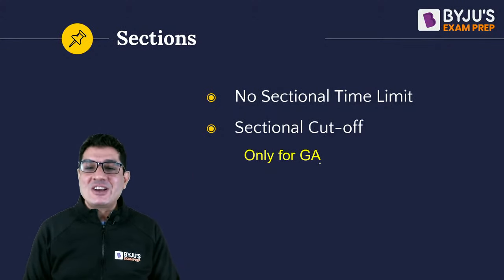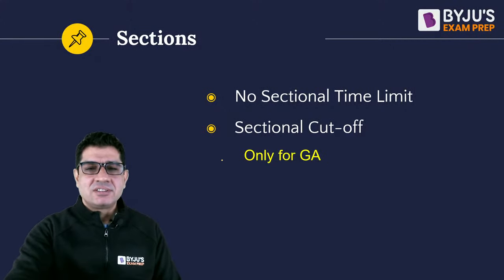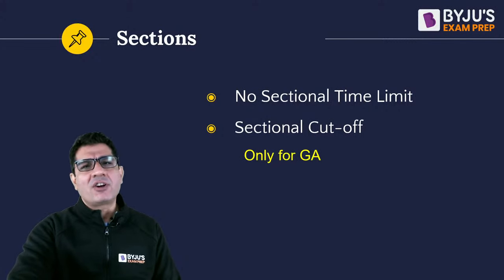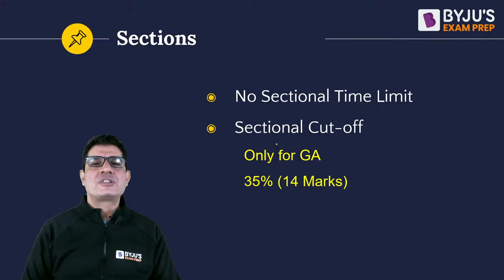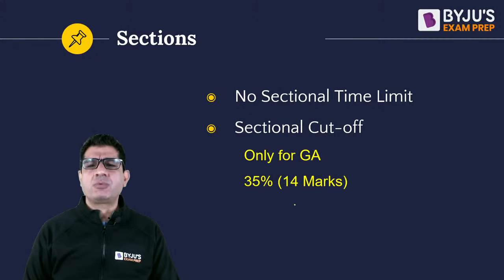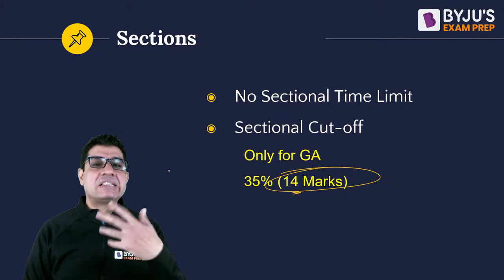So that's another pointer that tells us that TISSNET takes the GK section seriously. The cutoff is usually around 35% of the total marks allotted to the section, which in this case is roughly 14 marks. So you need to get this much in order to be considered.